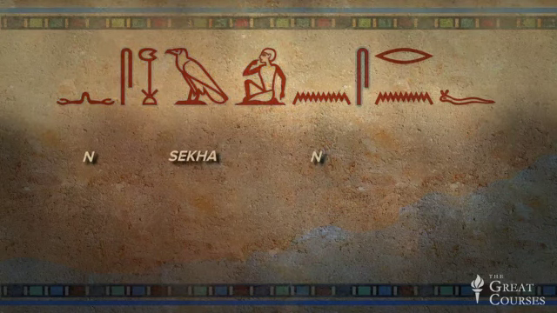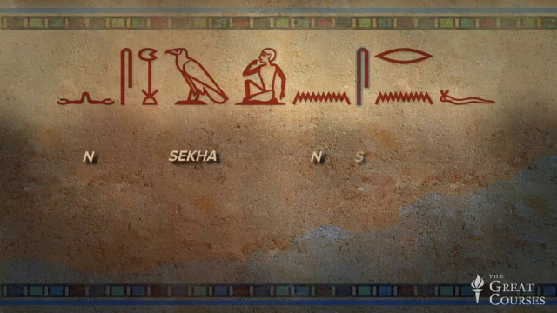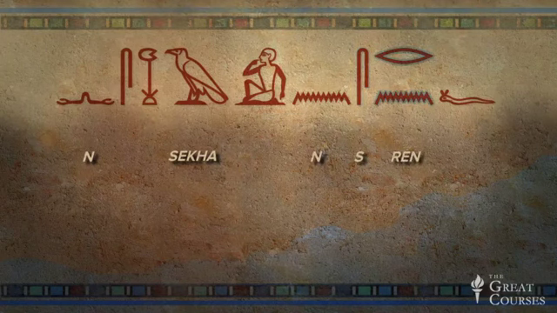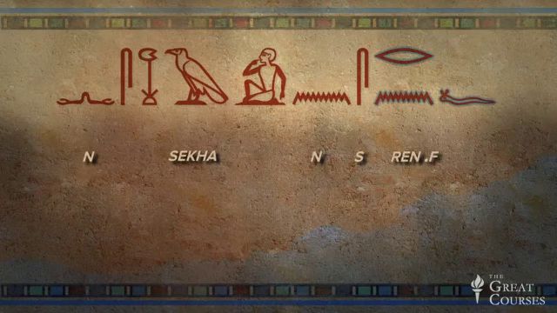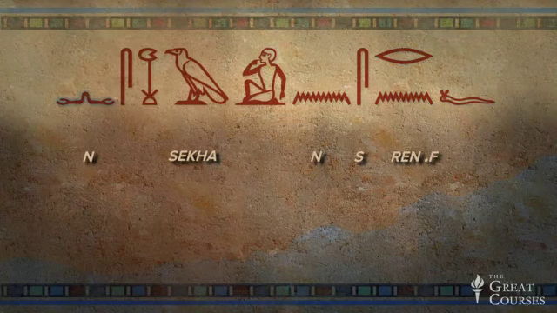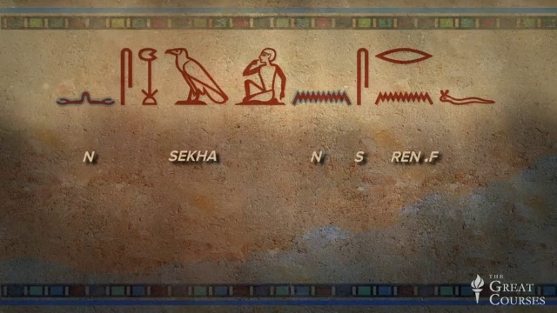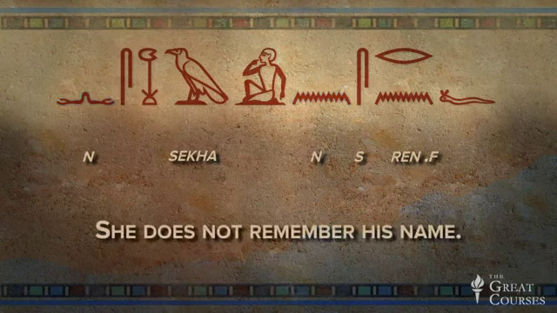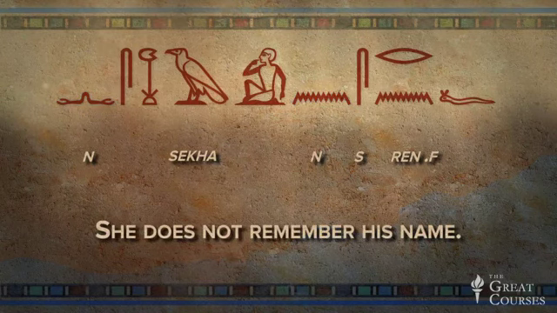There's the folded cloth after the N of the past, so it's she. What is she remembering? Well, ren is name, and it has a suffix viper attached, so it's his name. Now we have to negate it. And we said that the arms in front plus the past N makes the sentence present negative. So we have, she does not remember his name. Good.